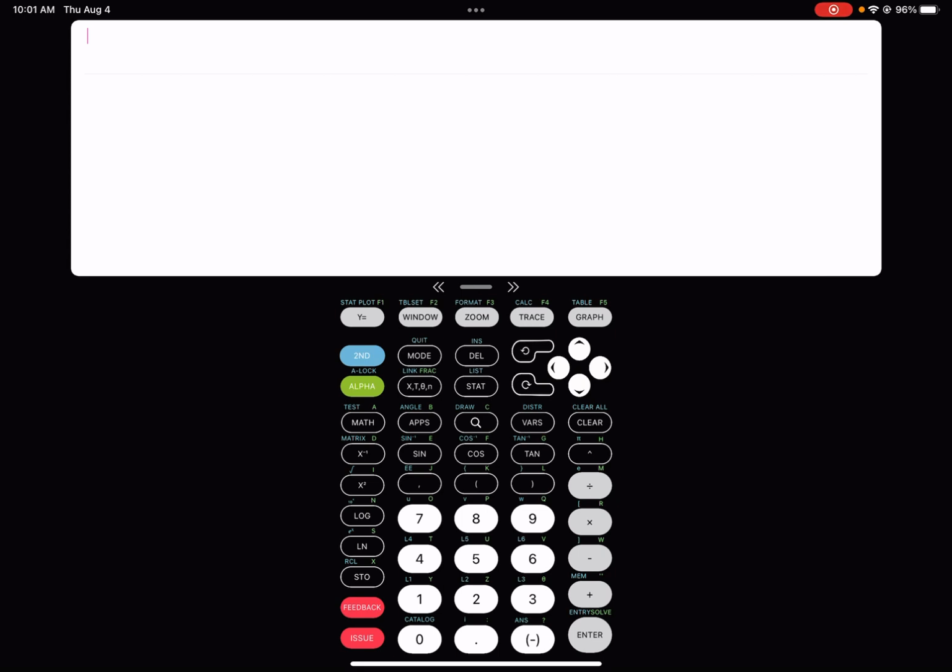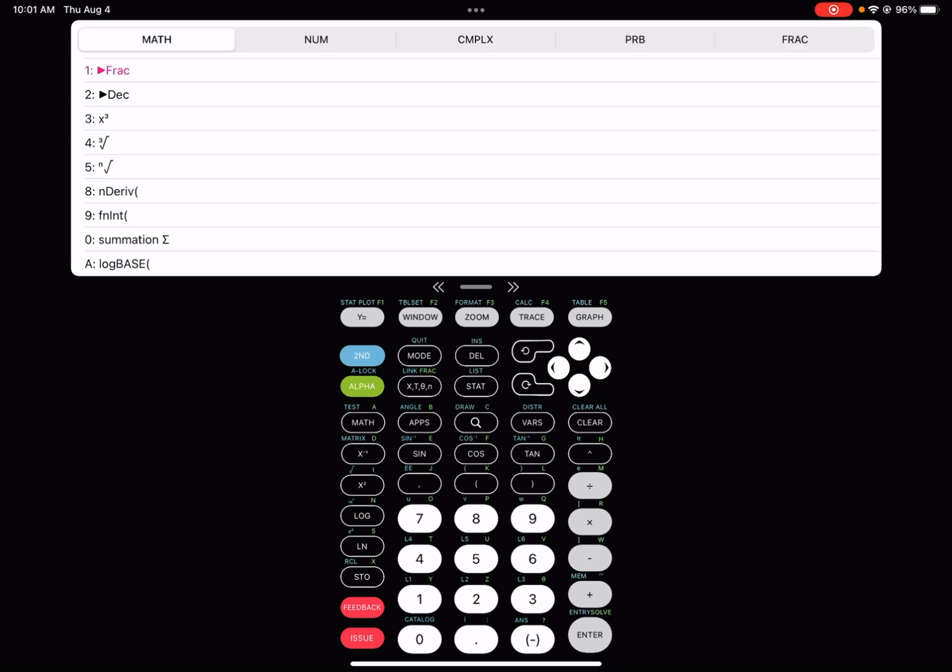Okay, so for example, say I have the equation 3x cubed. Let's say that's my function. If I want to find the derivative of that function at the point 7, what I can do is I can hit math, and then there's a list of things here. If you look down at number 8, it says NDERIV.